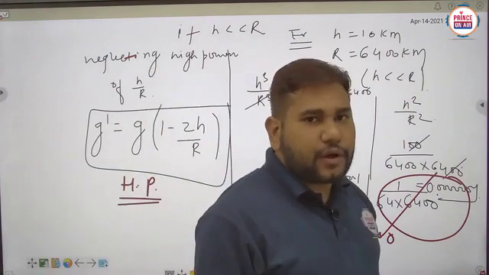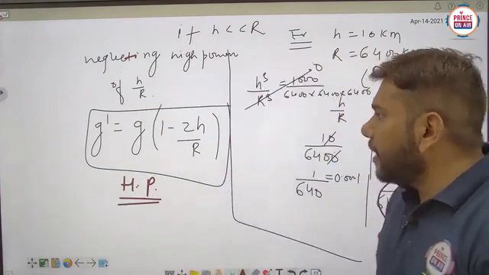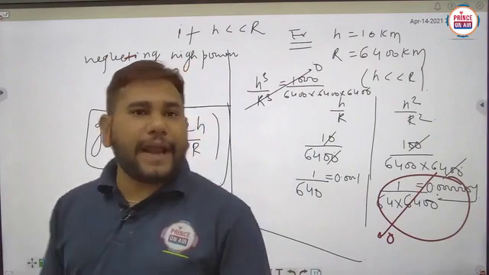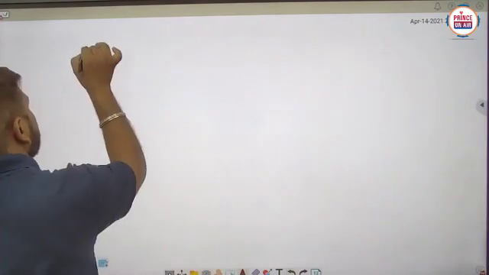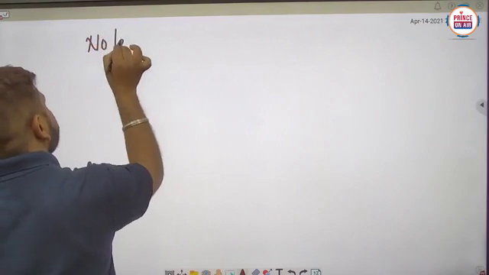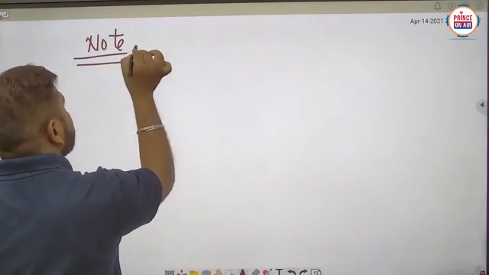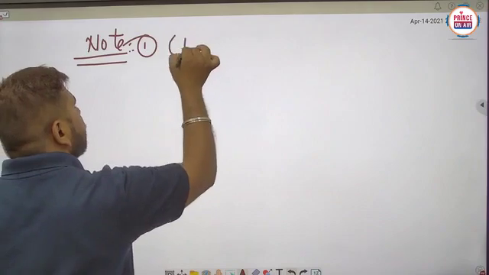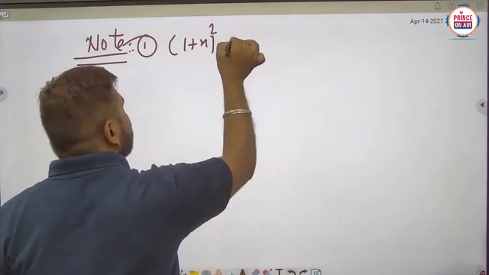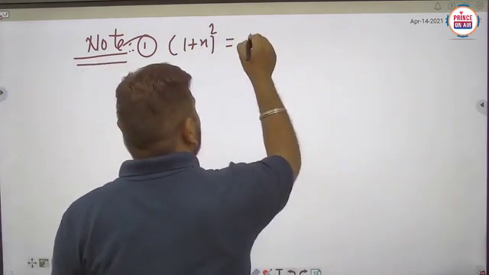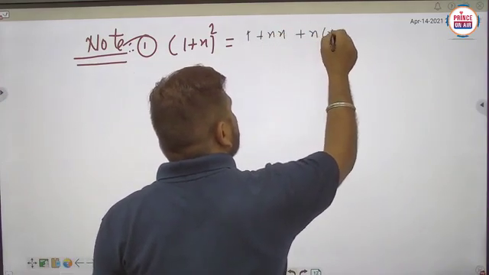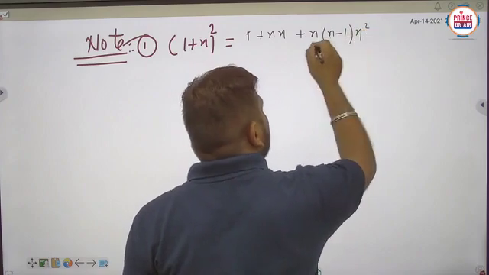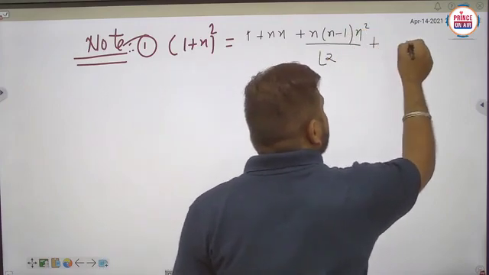So it was a good example based on the binomial expansion. Now here I am writing a note. What is the note? Let's see. First, (1 plus x) to the power n is equal to 1 plus nx plus n into (n minus 1) x square upon factorial 2, and so on.